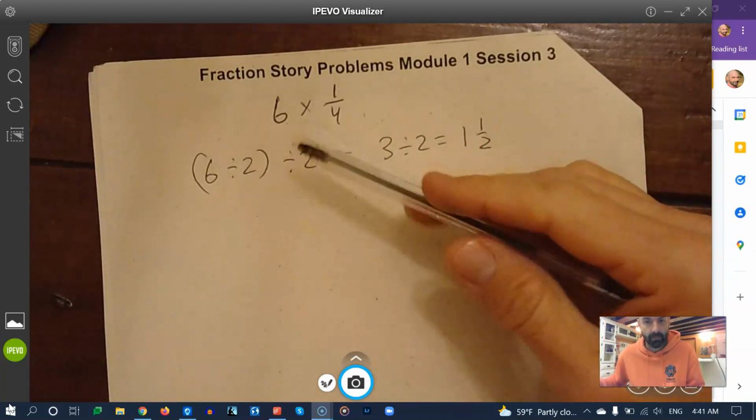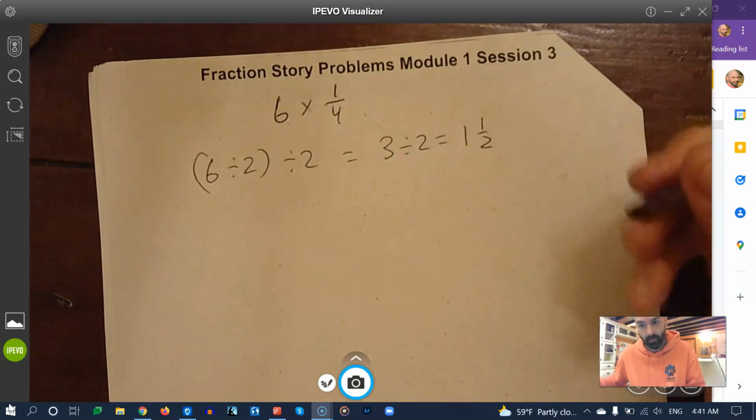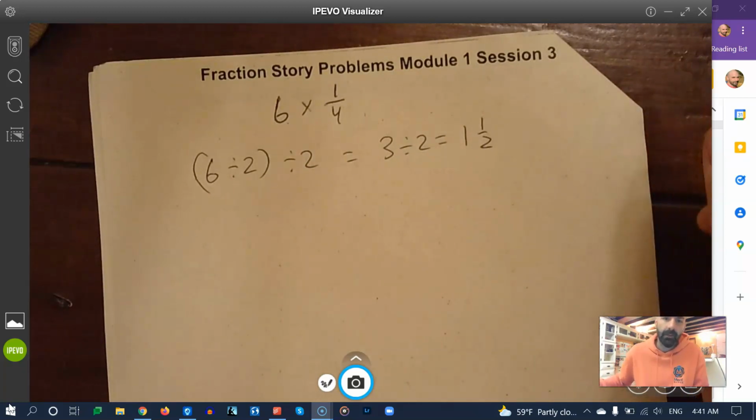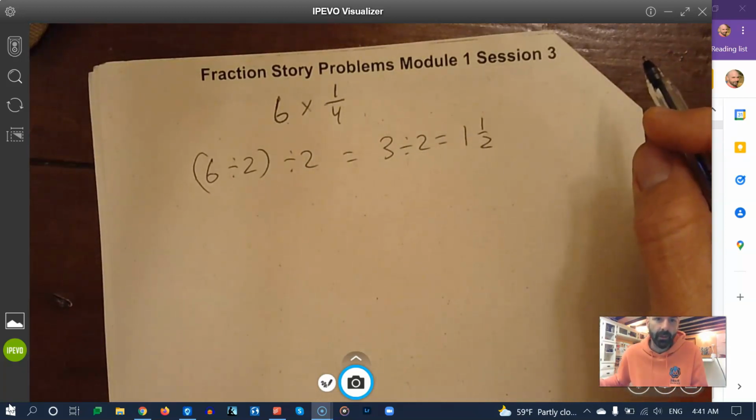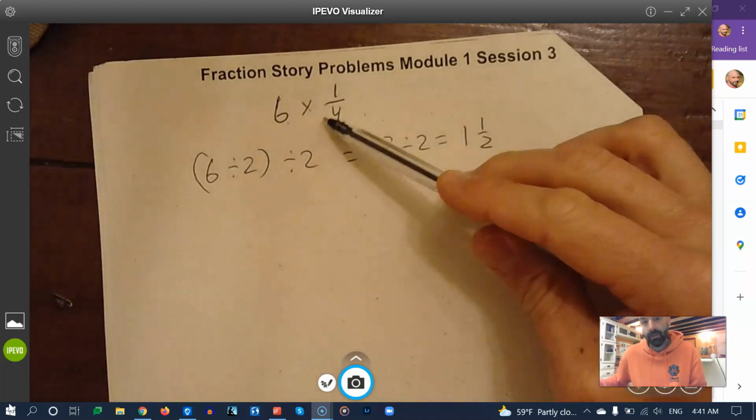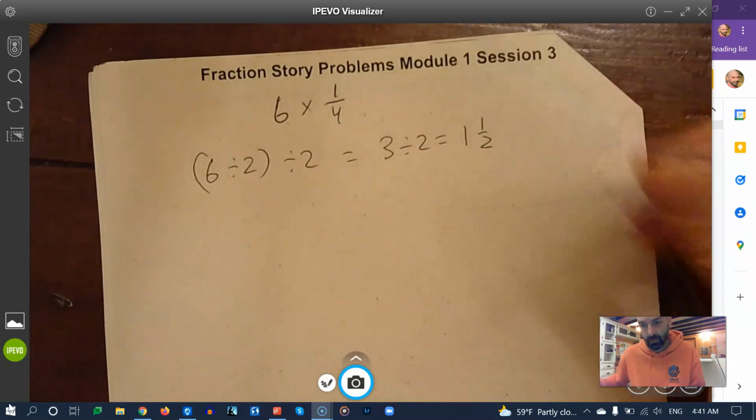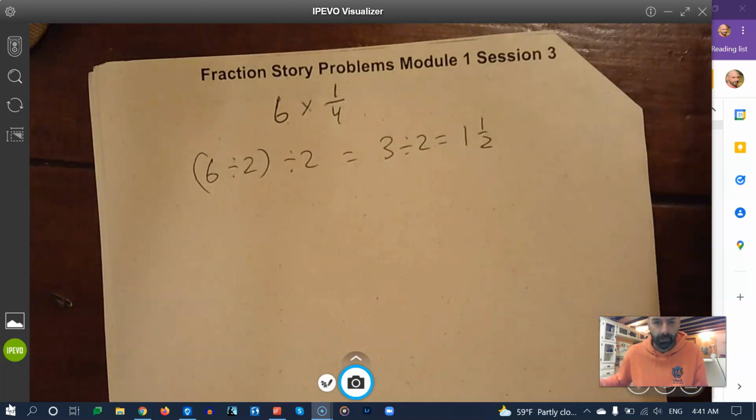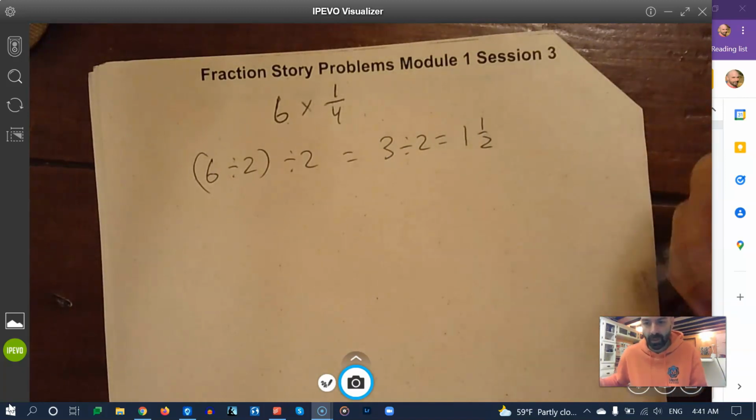To get 6 over 4, which is 1.5 or 1 2/4. What was another way? I guess you could think about like quarters if you knew American money well. And like 4 quarters is $1, and then another 2 quarters is half of $1. So any of those strategies work well. Any of the strategies we went over yesterday would be fine.